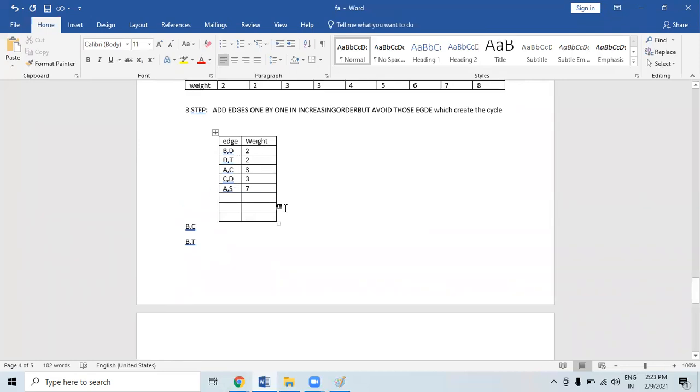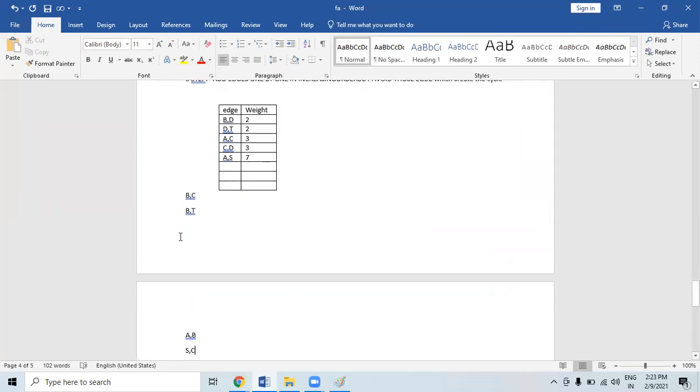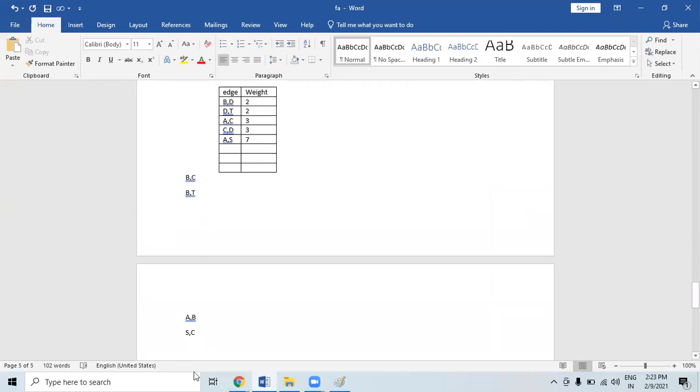So here we added in increasing order up to here, but we do not add this one. Why? Because if we try to add these edges, it will create a cycle. So we don't want cycles, so we ignore such edges.